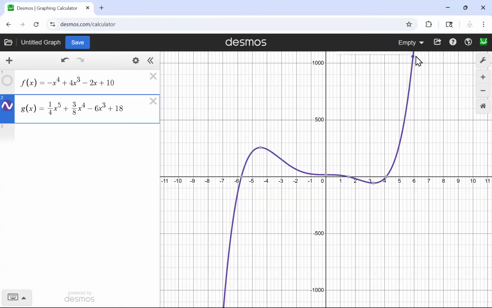Again, end behavior is that as you move towards the right, you're going to positive infinity. As you move towards the left, you go out to negative infinity, but some weird things happen in the middle. So the end behavior is determined by the leading term, and then weird things can happen in the middle.